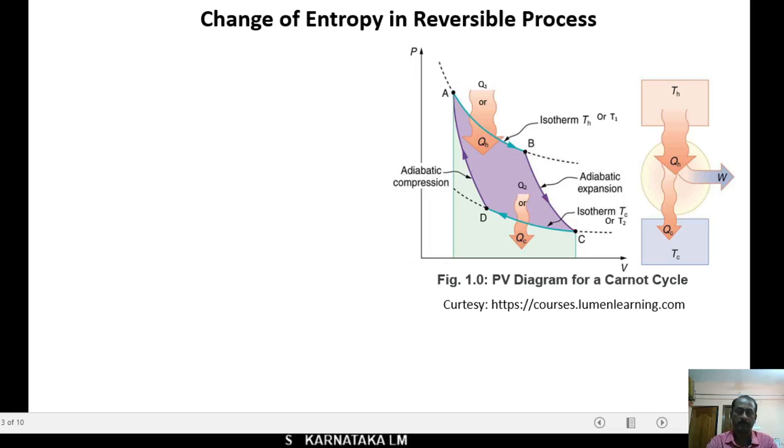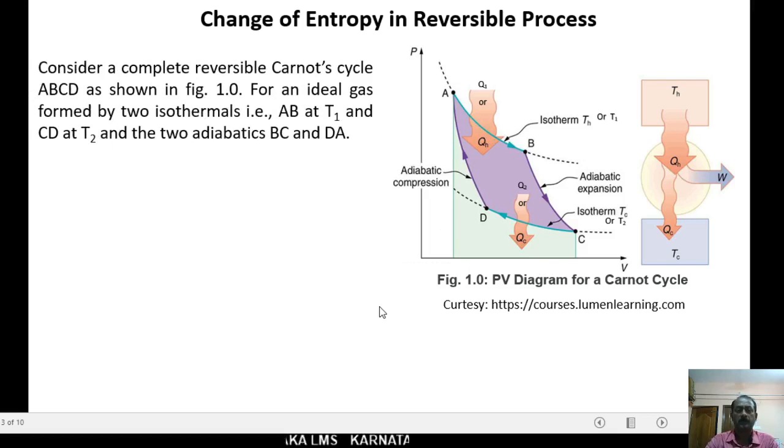Let me see here. For this one, you should refer PV diagram for a Carnot cycle shown here. Consider a complete reversible Carnot cycle A, B, C, D shown here.